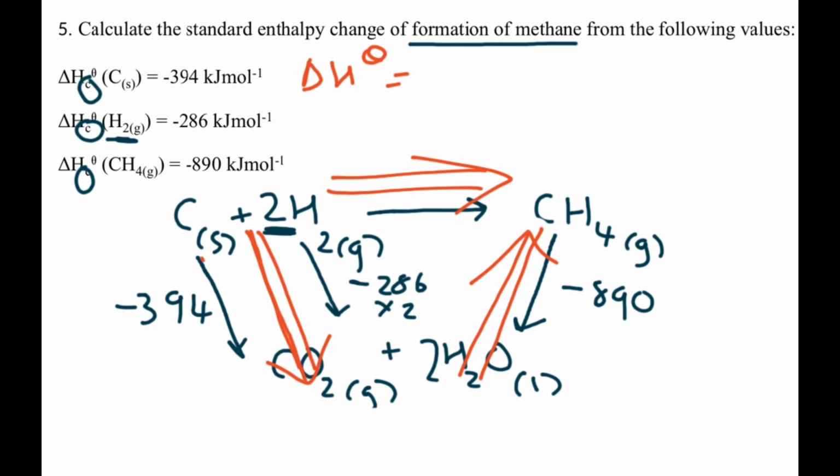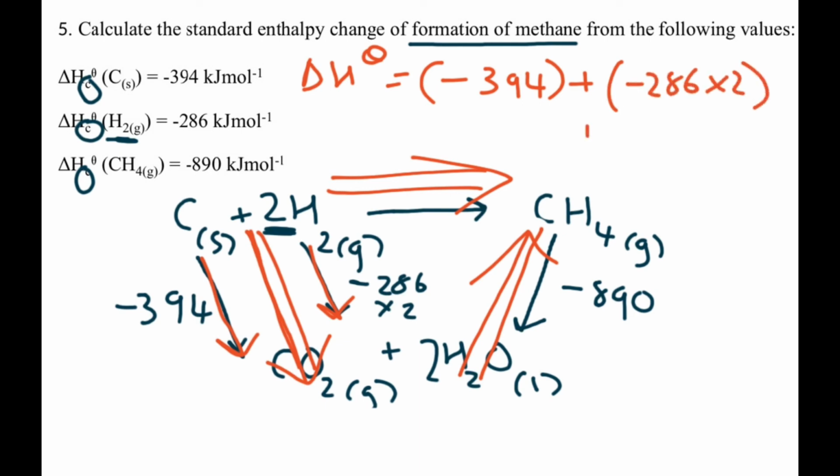These arrows are going in the right direction, so we're just going to copy them: -394 and -286 times 2. And when we're going up, the black arrow is in the wrong direction, so therefore we need to change the sign. So it'll be +890. When the arrow is going in the other direction, you need to change the sign.